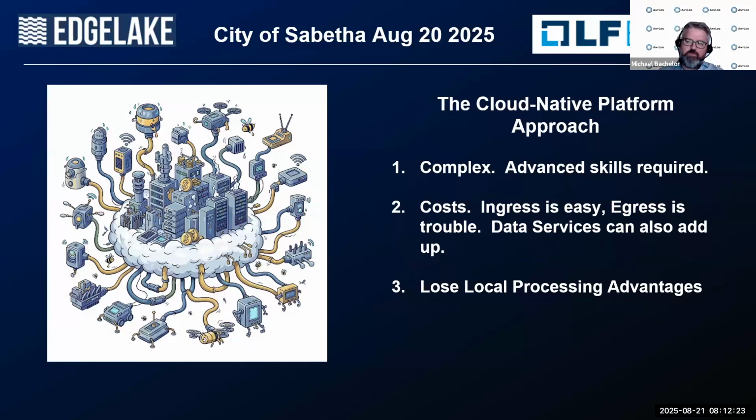Then the second one is costs, and that might actually be something I should have put first. Ingress is bait to get you in. It looks very cost effective. So I'm sure you've seen that. Egress, I'm sure you've seen where that's gotten some people in big trouble. That's a different matter. In industry, egress is going to have to be a thing.